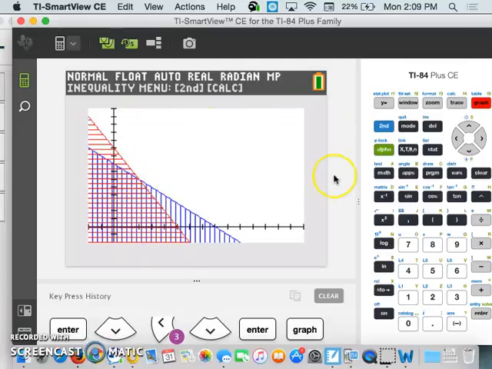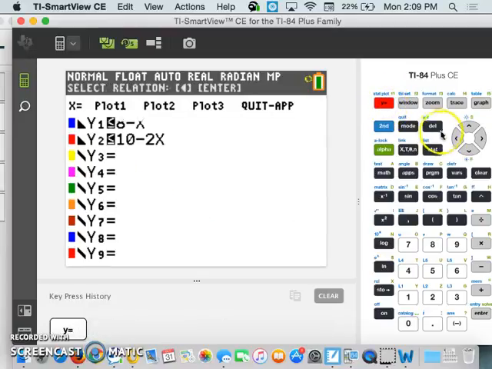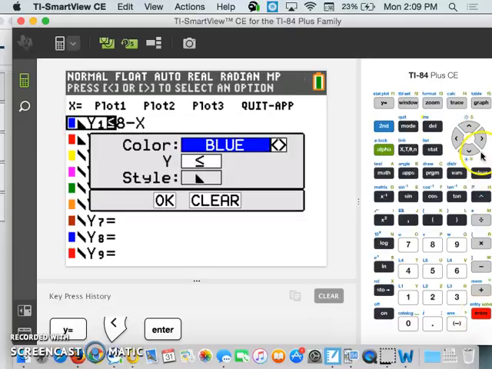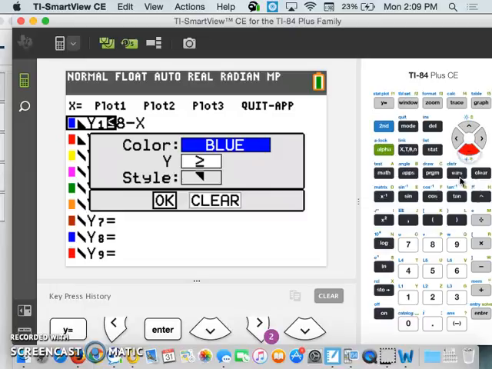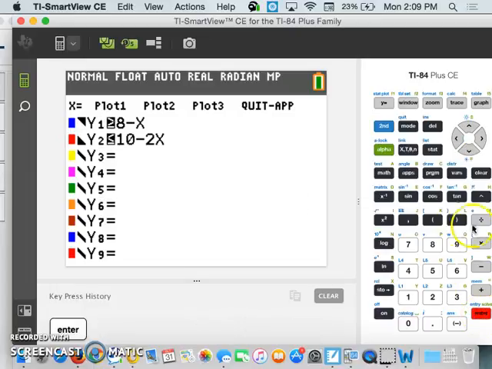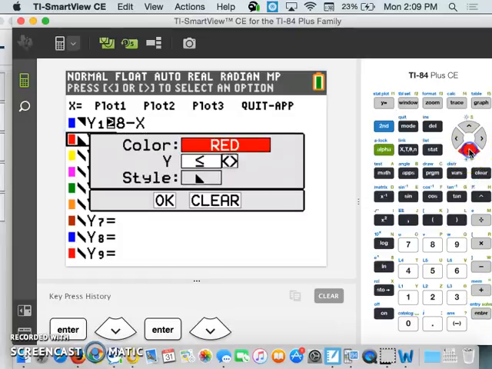So, to see the feasible region more nicely, I can go back into y equals, and rather than graph what I'm supposed to be looking at, I can graph the opposite. Rather than less than or equal to, graph greater than or equal to, and then I'll be shading the non-feasible region. So my feasible region will be very clear. It'll look white, there's not going to be any hash marks over it.